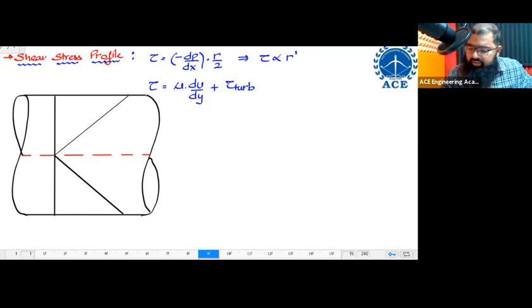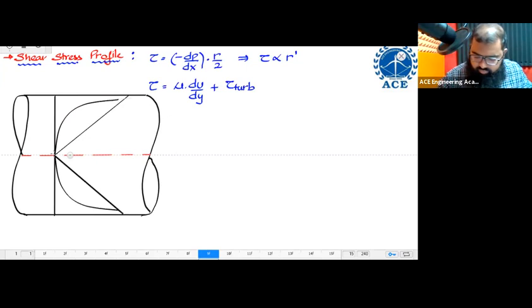But inside this shear stress, I'm going to have a combination of shear stress.